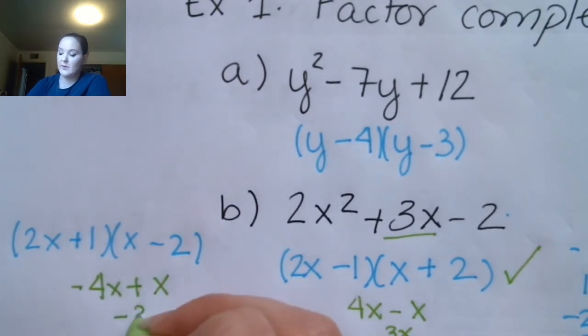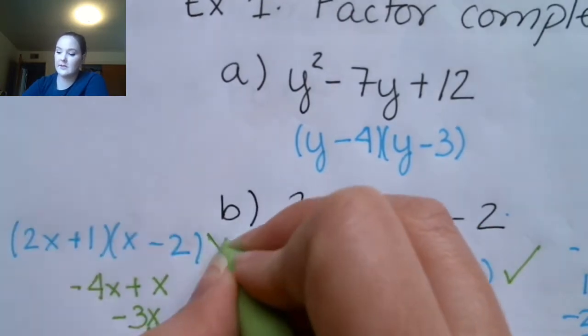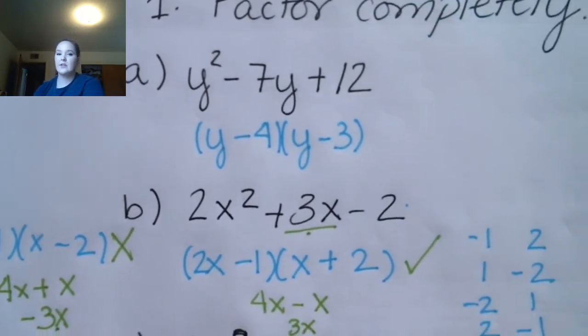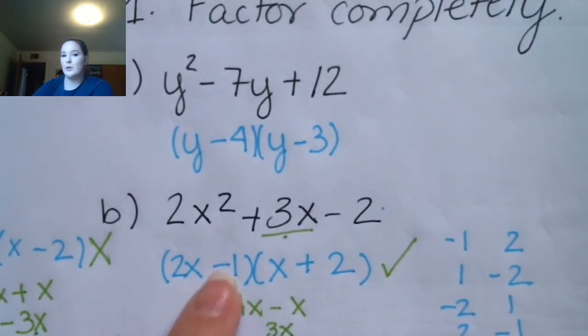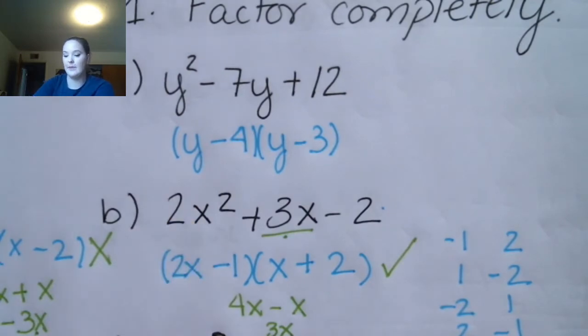So this would give me -3x, and you can compare it to here and say that this isn't right. So this is the guess and check factoring method that we use when we have a coefficient that isn't 1 in the front here.